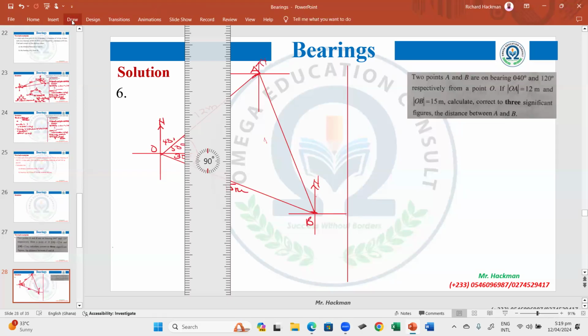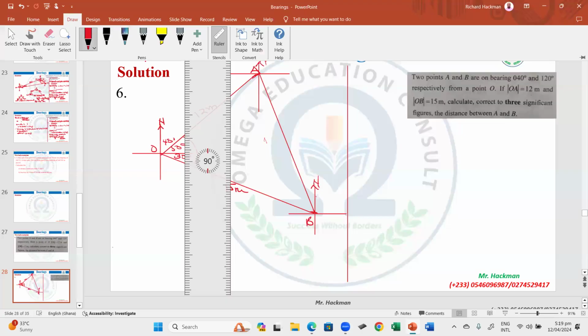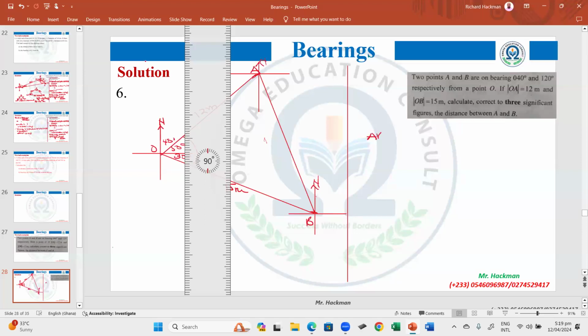So at this point, what do we have? We are looking at the distance between A and B, this distance. So we know that AB squared by the cosine rule should be equal to the other side squared. Let me put it in terms of the vertices, then use the actuals.